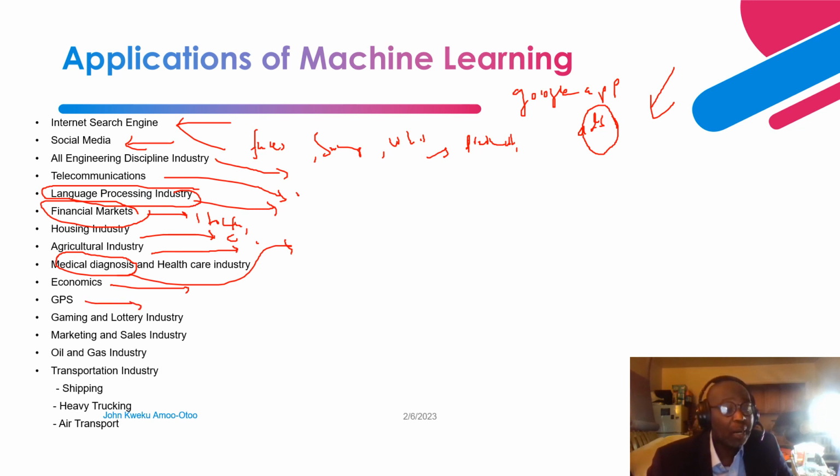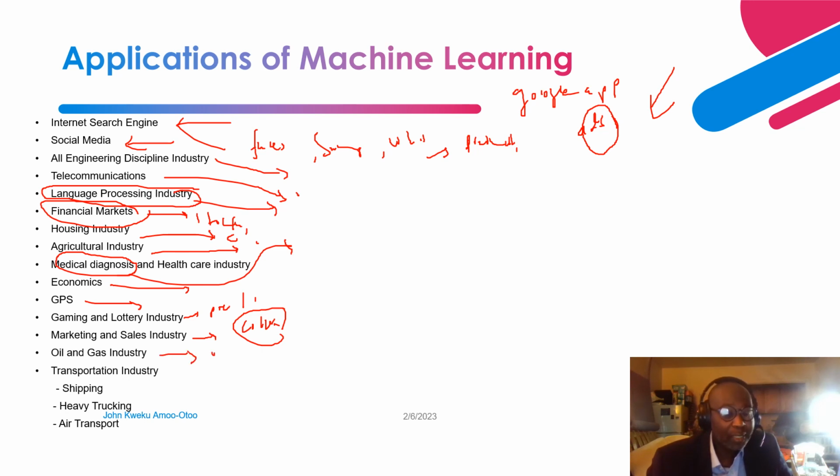Next is its use in the economic industry. Next is the global positioning system, the GPS that you have. The gaming industry, predicting win or loss. The marketing, sales industry, that's how they collect the data from your search engines and are able to market products to you.